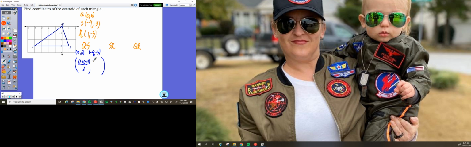Add the y values and divide by 2. So we have -4 over 2, which is -2, and -3 over 2, which is -1.5.